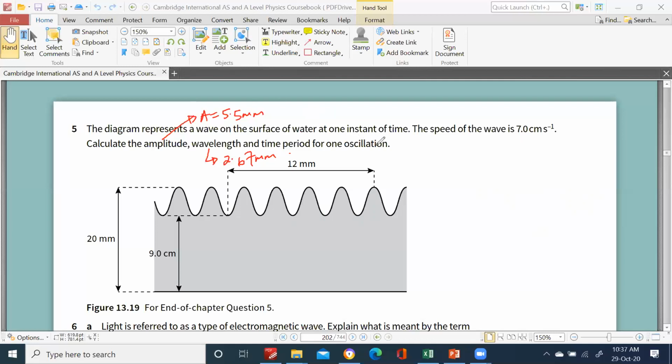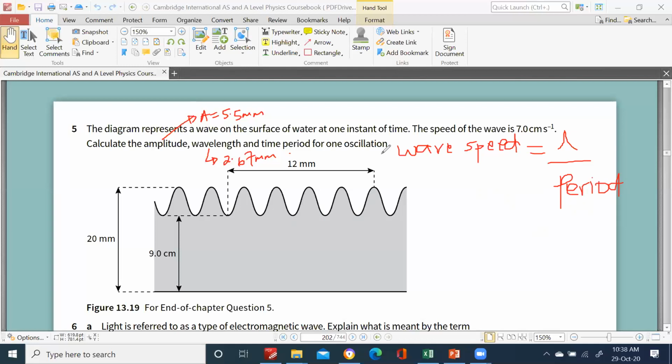If you can write, please do write on the screen. Wave speed is wavelength over period.